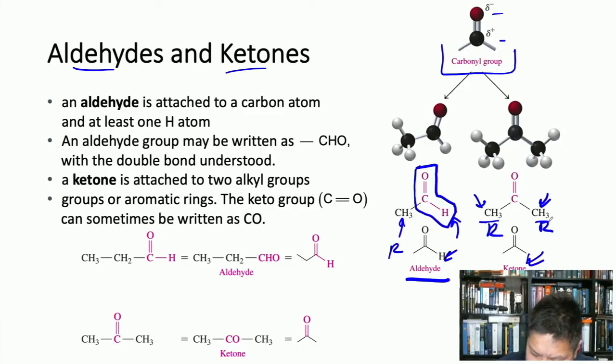We usually write aldehydes as CHO, and for shorthand, we usually write ketones as CO. So here's an aldehyde drawn as a line angle formula, and here's a ketone drawn as a line angle formula.